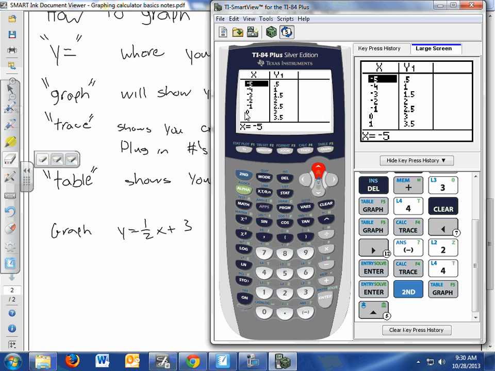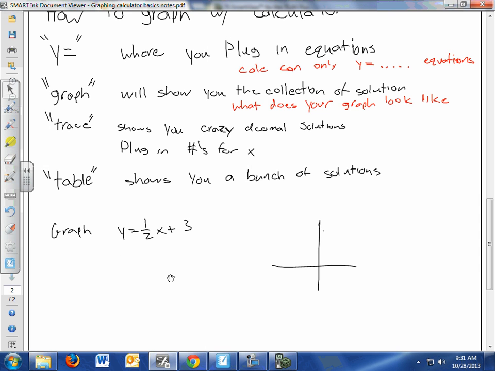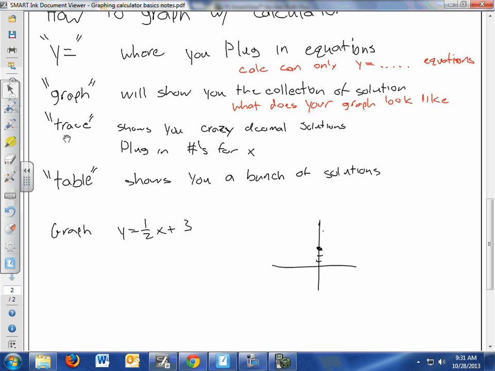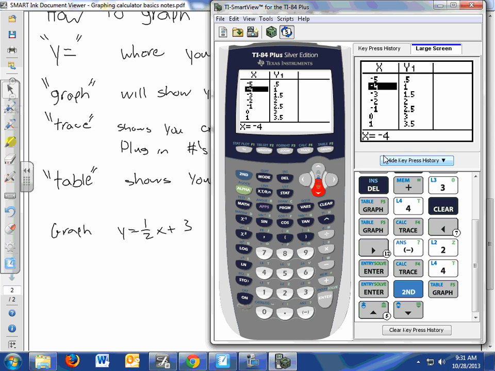I want you guys to plot specific solutions like 0, 3 on your graph and make sure that your graph is exact, just like you would if you didn't have this capability. -4, 1. 4, 5.